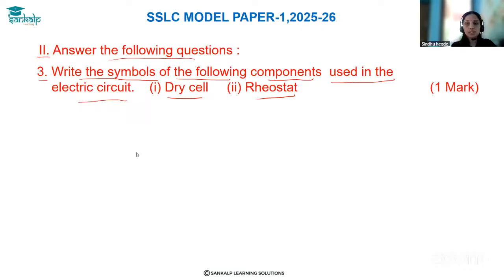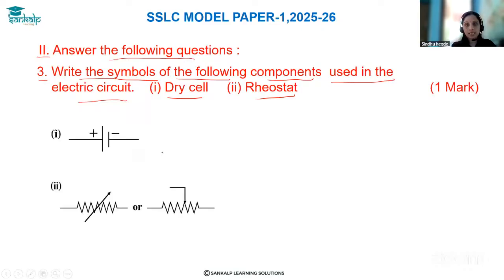First one is dry cell or cell. It contains two ends. One end is positive and another one is negative. The large line indicates the positive end and the short line indicates the negative end. So you have to draw the cell like this, plus and minus. Then rheostat. This is the symbolic representation of rheostat.